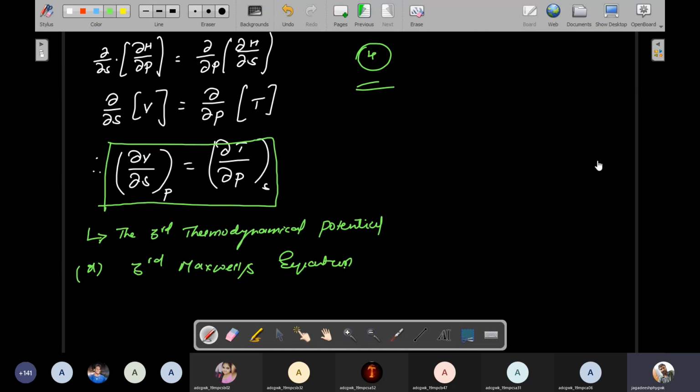Gibbs function can be derived using the enthalpy function only. In the enthalpy function, we will derive the Gibbs function. Right, so please note, we will move to the next page. Until then, unsend your attendance.